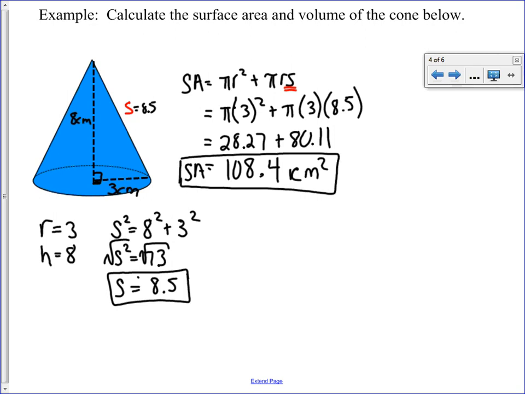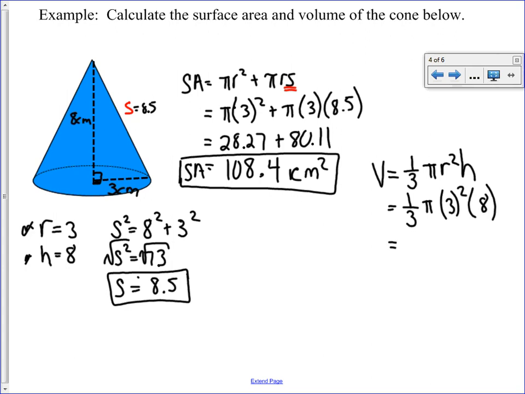Now to find the volume. We know that volume from the formula that we derived from the previous page is 1/3 pi r squared times the height. We only need r and h. The volume is 1/3 times pi times 3 squared times 8. Now we just substitute this all into the calculator at once.